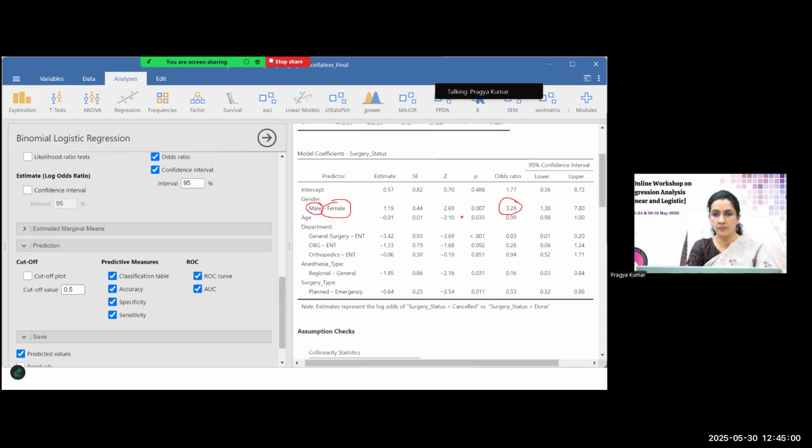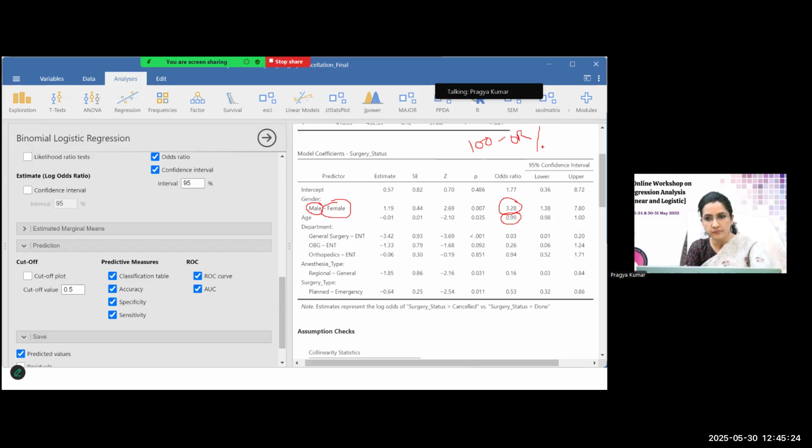Okay. Similarly, if you see the age is less than this thing. So how I'll say, in case of odds, there are two ways to express it. Either you can express it in the form of 100 minus odds ratio, or you can express it at its absolute value. So this will give you the percentage.